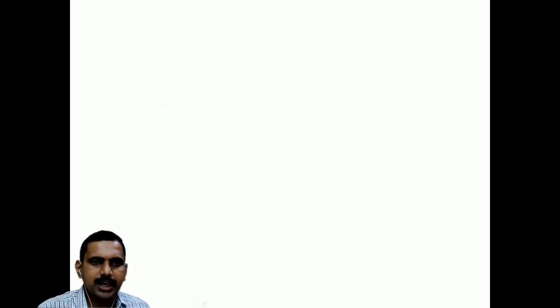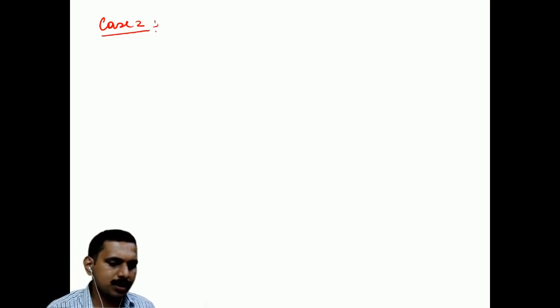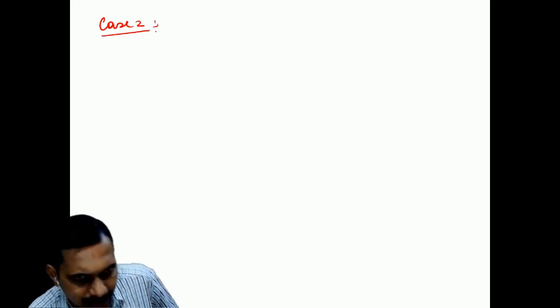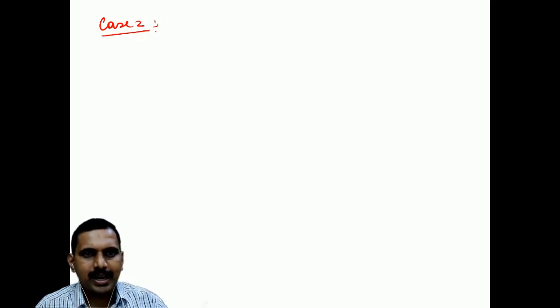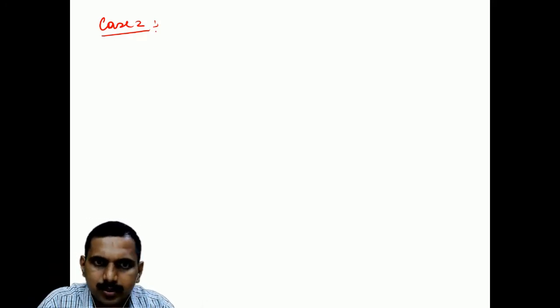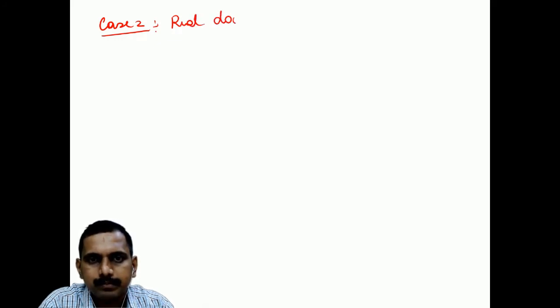Yes, fine. Next. Now let us see case 2. I know I am going a bit fast, students, because this has been repeated to you a lot of times in your engineering, right? So going fast has some sense, is it not? So now let us see if it is a real double root.